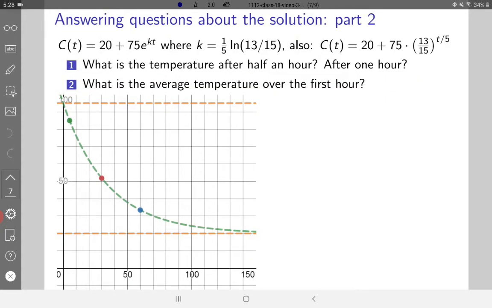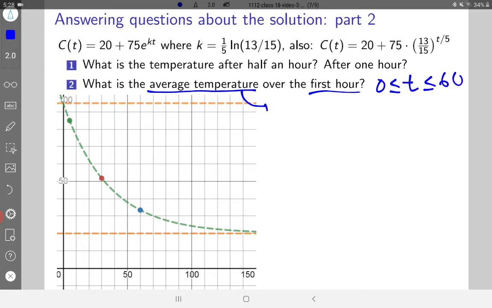What's the average temperature over the first hour? Well, to answer this, we'd have to think back to an earlier video where I showed you the average of a function formula. And over the first hour, remember that means from T equals 0 to 60.